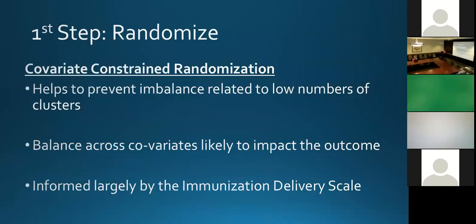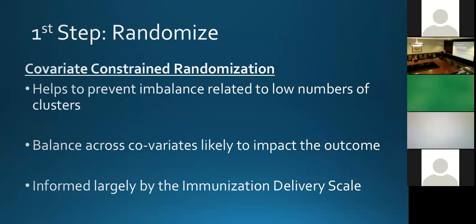So for our randomization, we used a method called covariate constrained randomization. And this is a method that's actually recommended for use in cluster randomized trials such as this one. What ends up happening in a trial like this is, because we only had 12 practices, you only have 12 clusters, which doesn't give you a lot of statistical power. So even though you're randomizing, there are certain practice characteristics that could really influence your outcome.